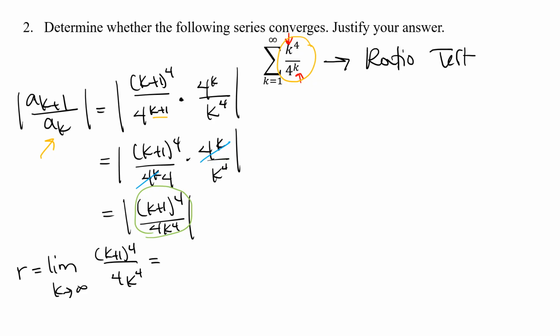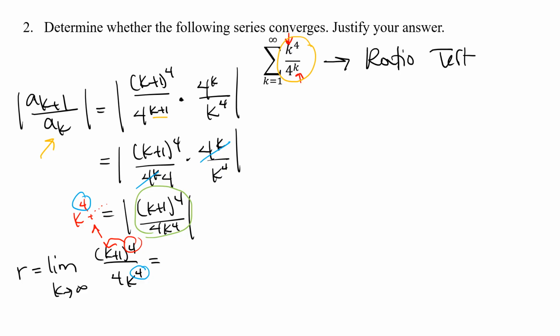Well, if we were to pull this numerator out, then the degree in the top would be k to the 4, right? Then, of course, we would have some other terms here, but we're not concerned with the rest of the terms because we just want to know the degree of the numerator. And then if we look at the bottom, we can see that the degree is 4 as well.